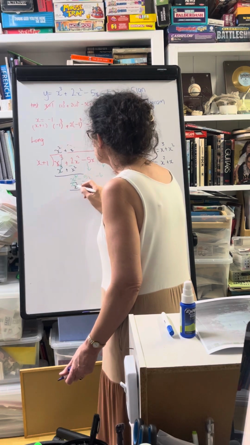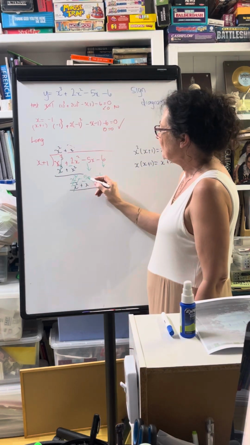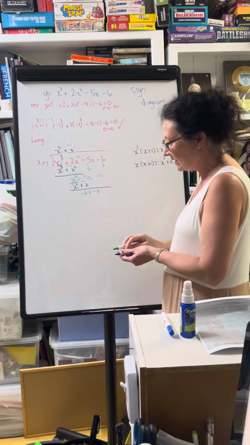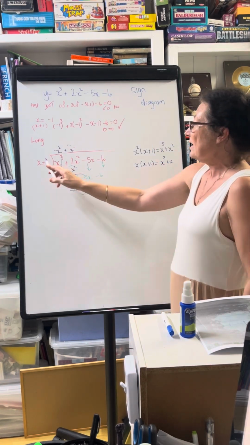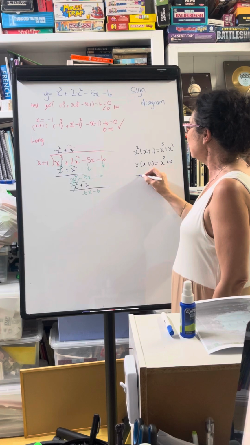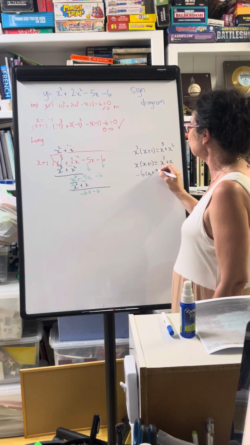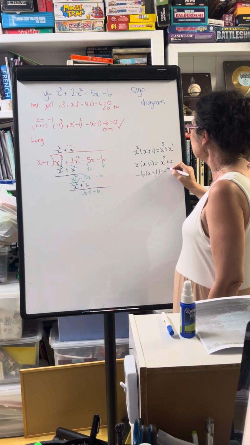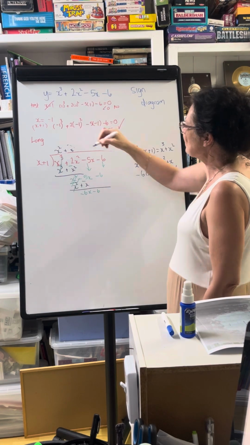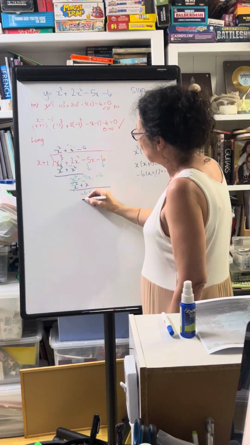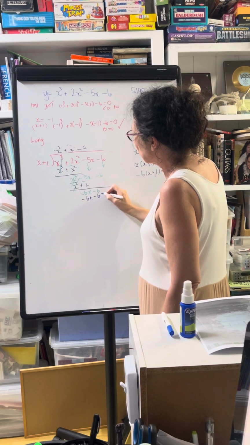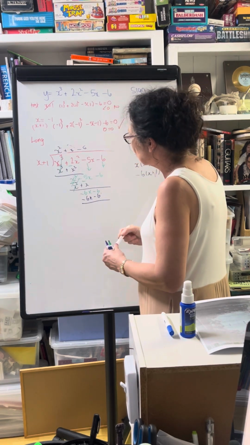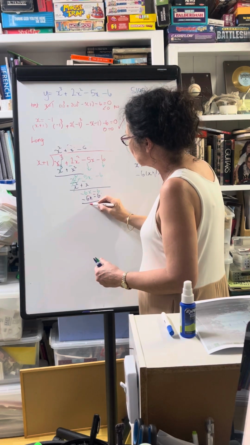And if that doesn't work, you've done something wrong. 5x minus x is minus 6x, and you can see straight away it's looking nice. x times what gives you minus 6x? It's minus 6. And have a look here. We get minus 6x minus 6, which is what we needed. And when we do that, you should get 0.